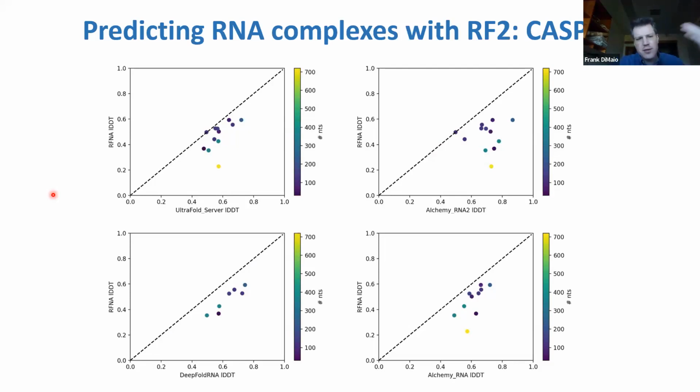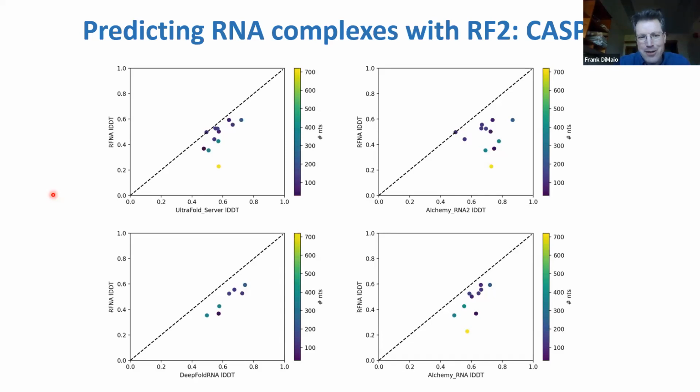If the MSAs are deep enough, and if the folds themselves are simple, the network can oftentimes predict structures accurately, even if there are no homologous structures available. And I'll show examples of that in a second.